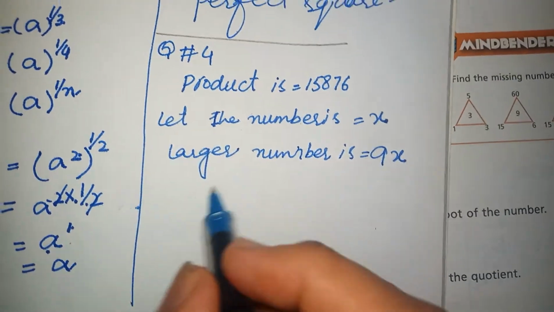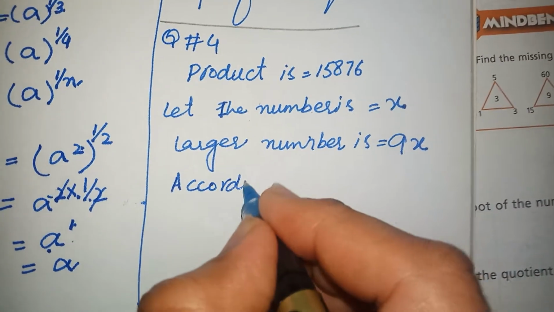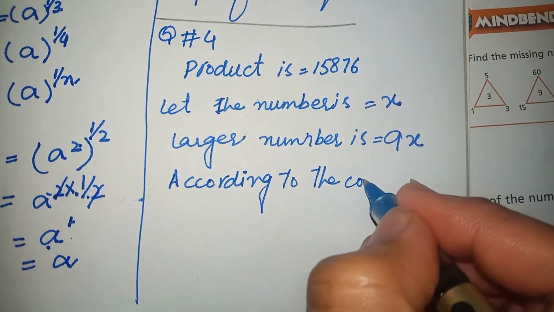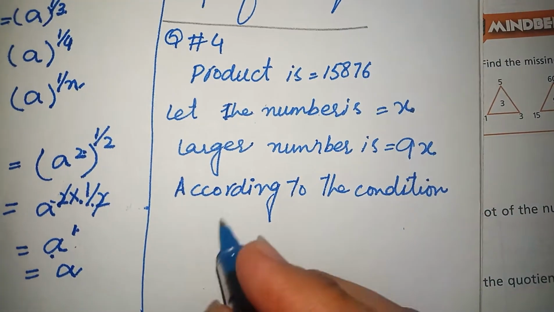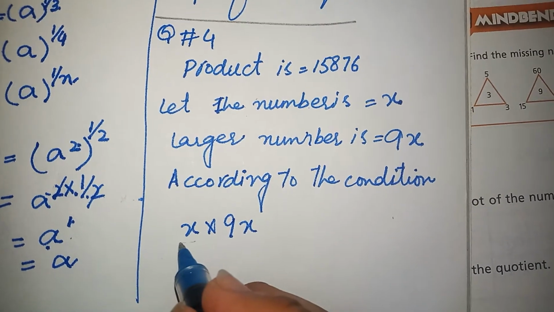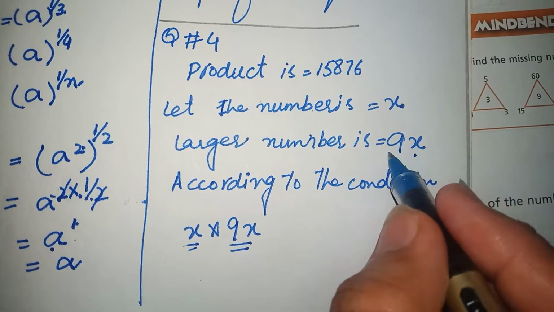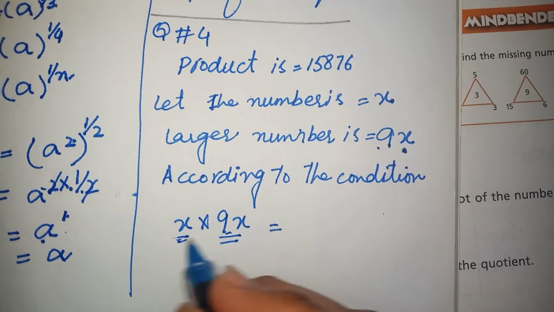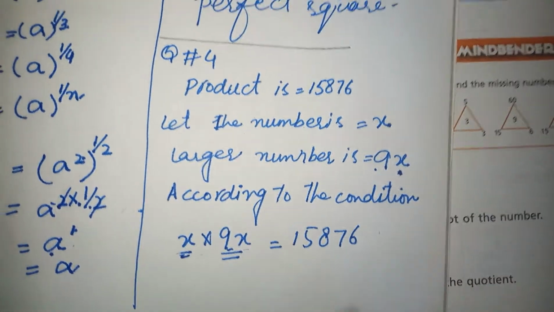According to the condition, the first number is x and the second number is 9 times the first number. So the product of these two numbers is 15876.